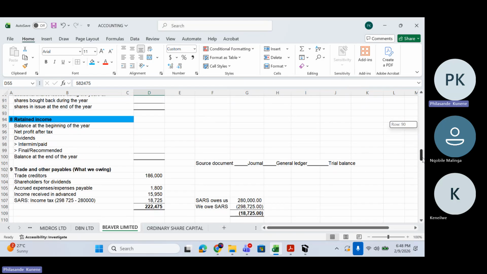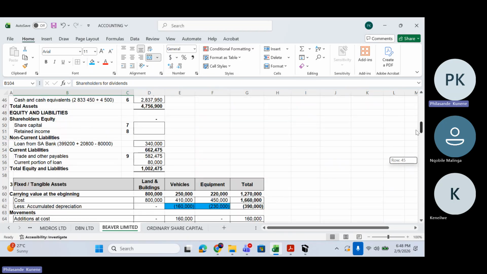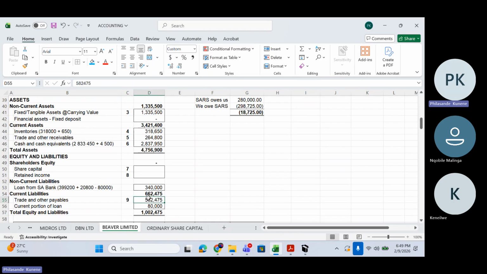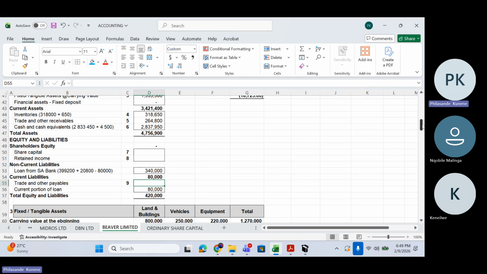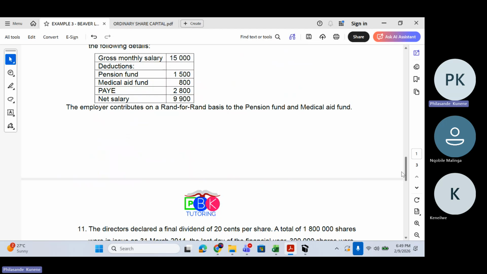We needed to get the total somewhere here. We needed the shareholders for dividends that we needed to put here. And then probably this amount should come out here. We're going to put it once we're done with the note. That's the only thing we're going to look at now, and then we finalize everything there.